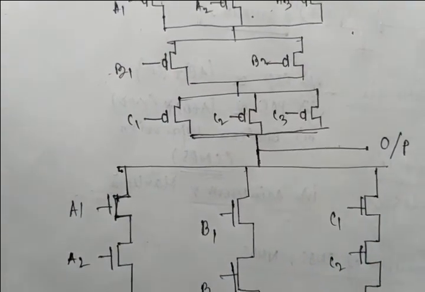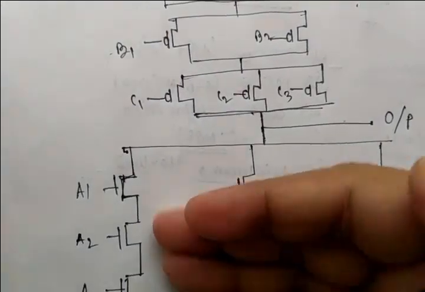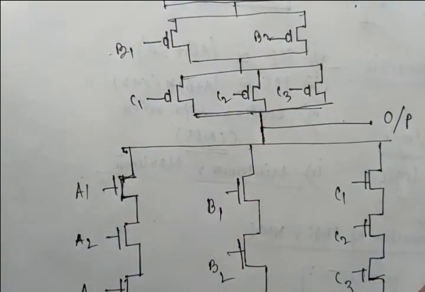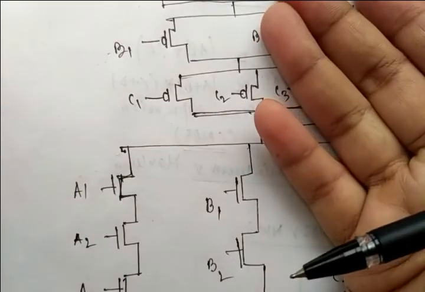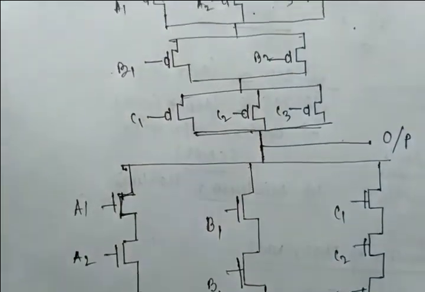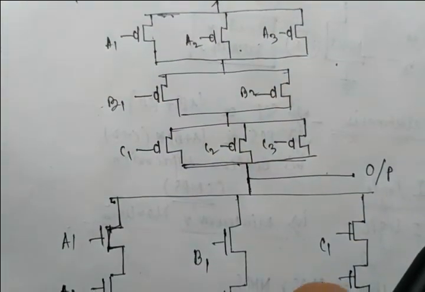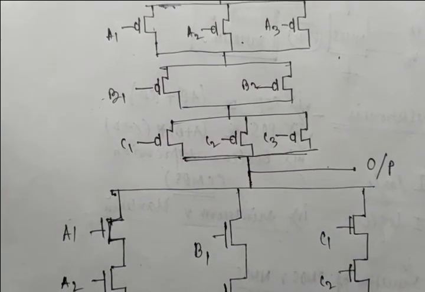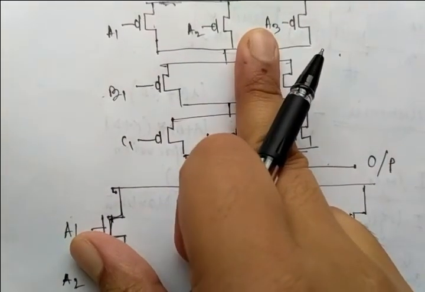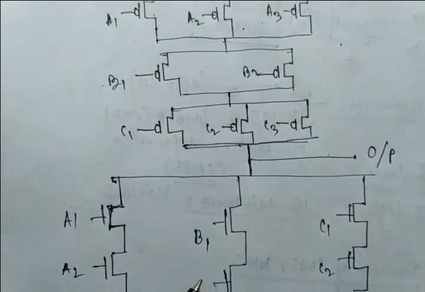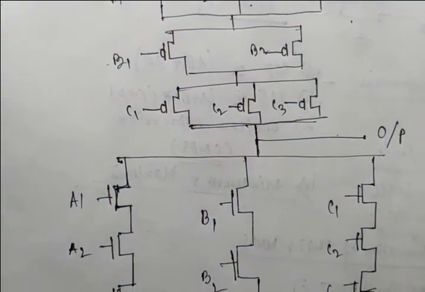And if it is OAI logic, then this portion will be there and this portion will be there, just like an exchange. The upper portion will go to the lower portion and the lower portion will go to the upper portion, nothing else. The parallel branches series connection portion will be in the upper portion, designed using PMOS, and the lower portion will be designed using NMOS.